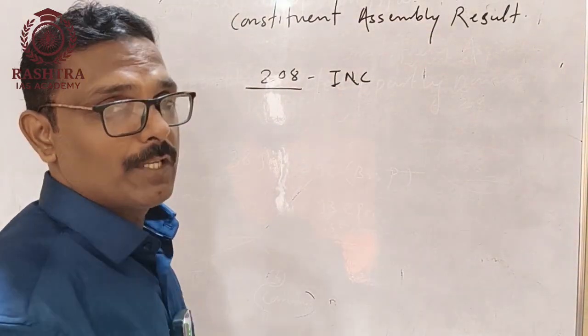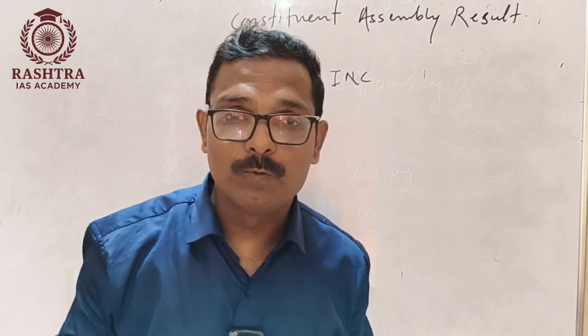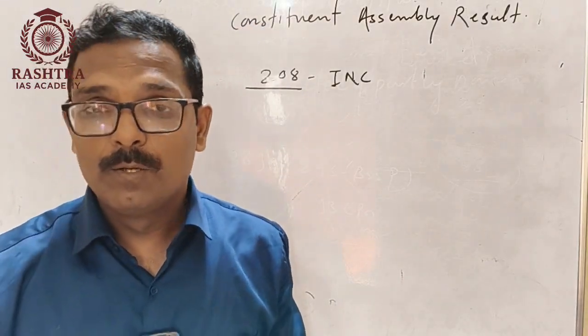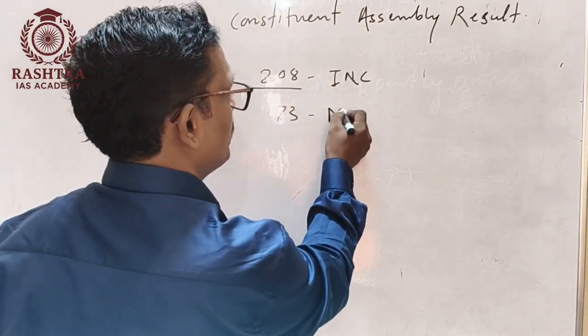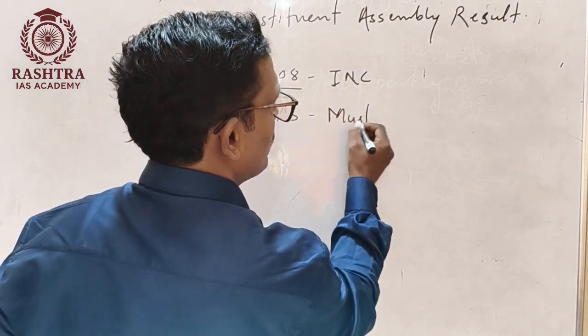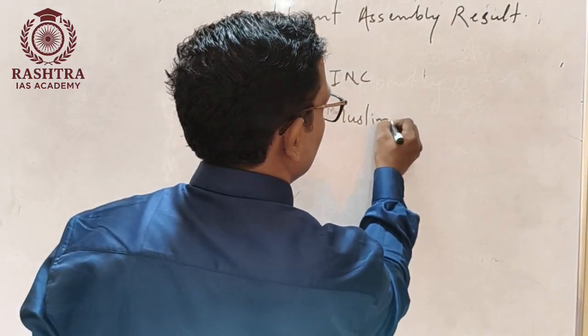Then 93, as we have discussed, were to be nominated by the kings. From the Muslim League, 73 were won by the Muslim League.